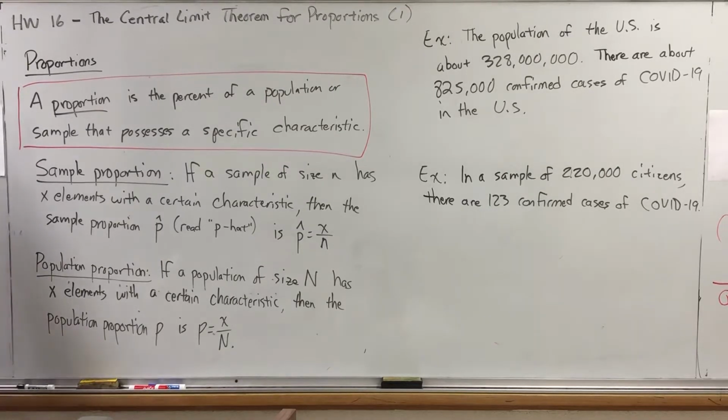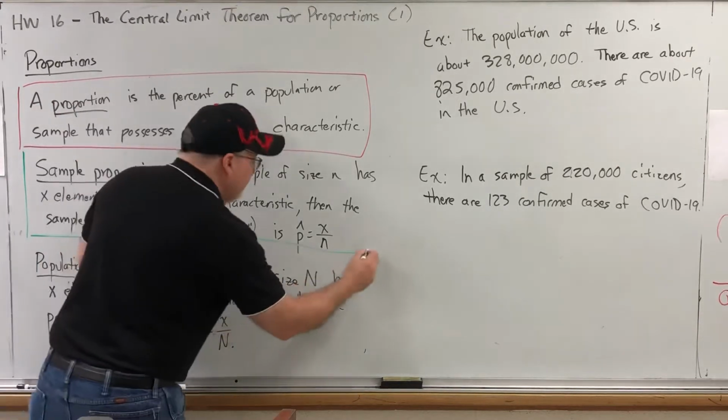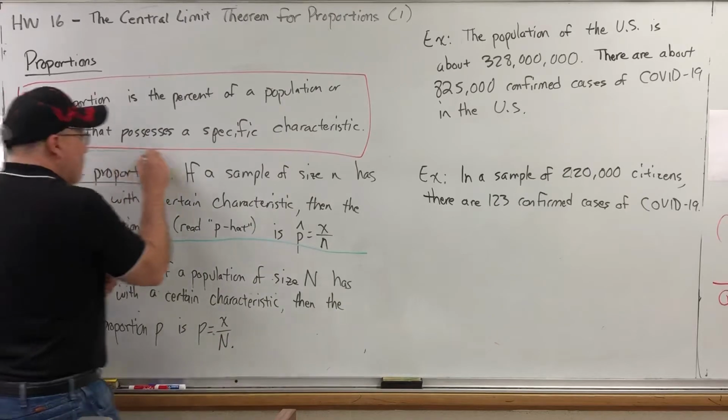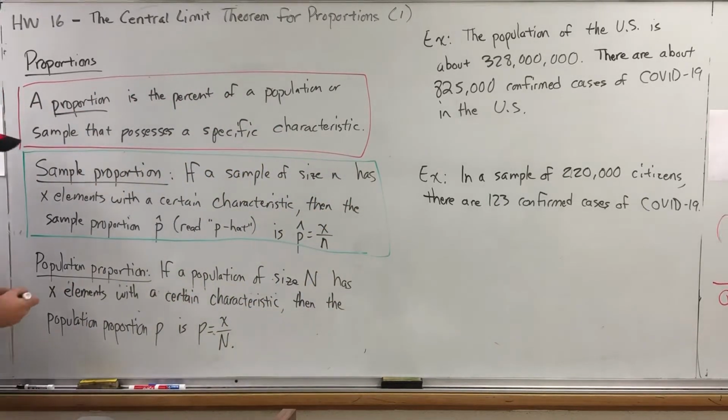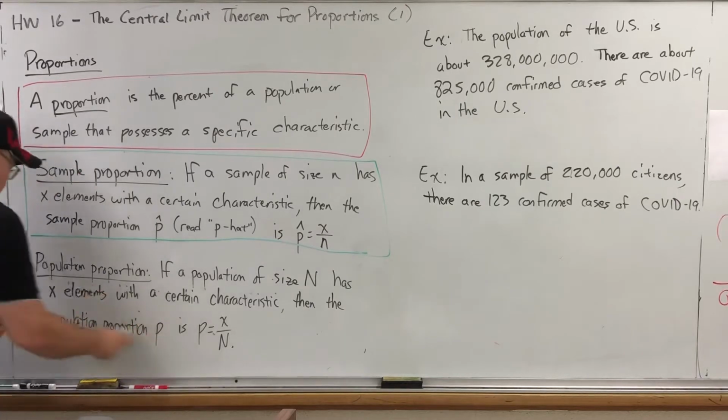Now, there's actually two types of proportions: sample proportion and population proportion. They're measured exactly the same way. What percent of a sample has a characteristic? What percent of the population has a characteristic?